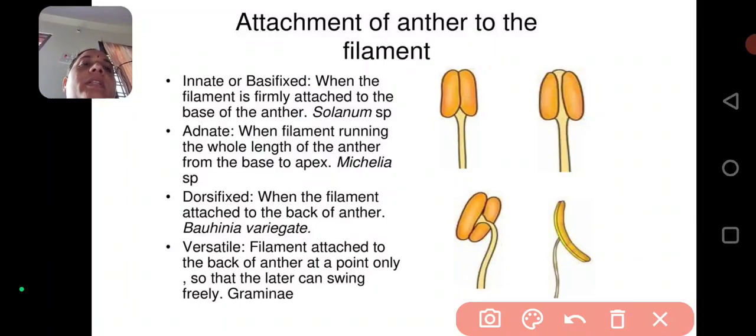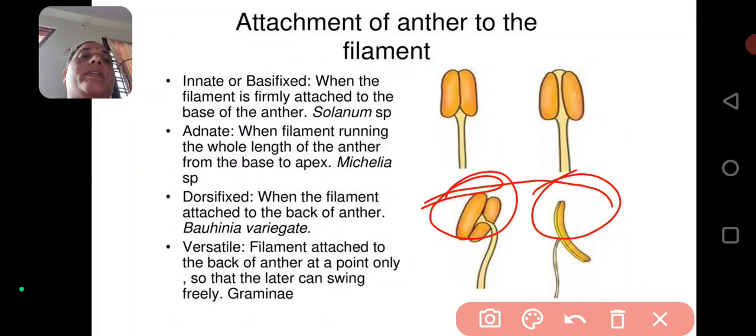And next one is versatile anther. The filament is attached to the back of the anther at a point only, so that the anther can swing freely. What is the difference between dorsifixed and versatile?